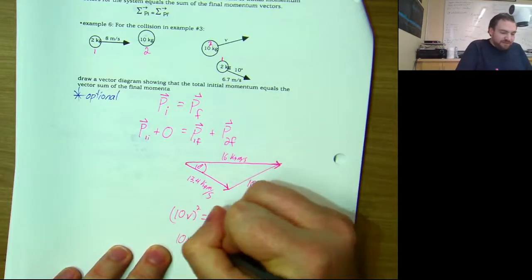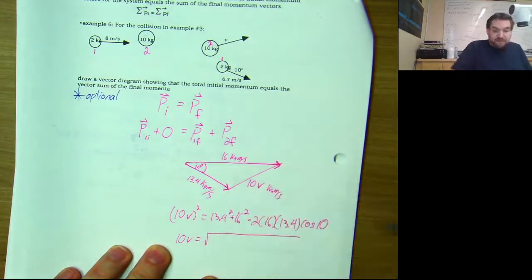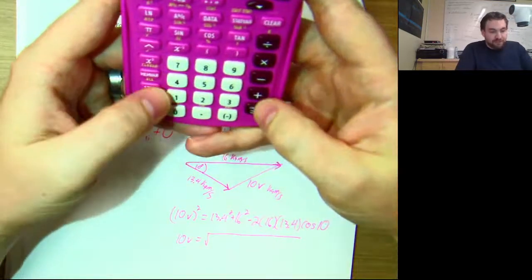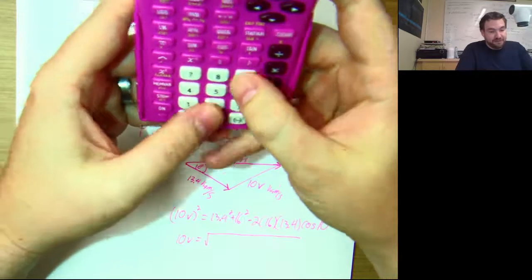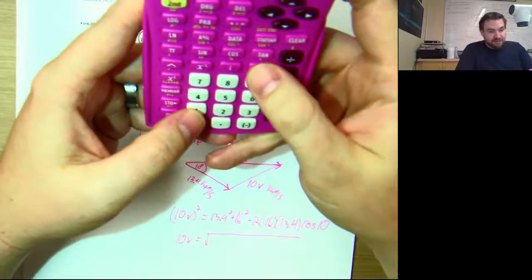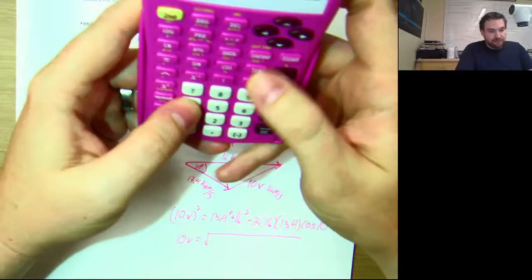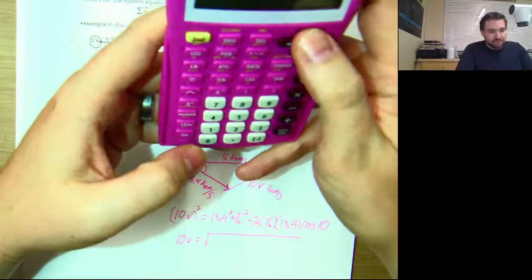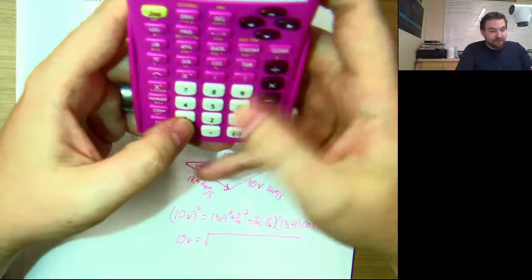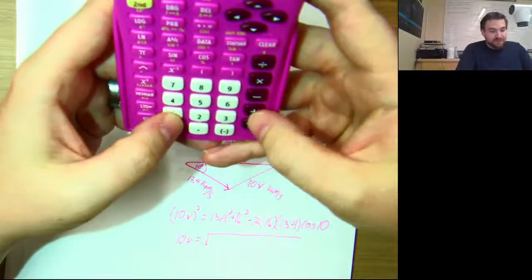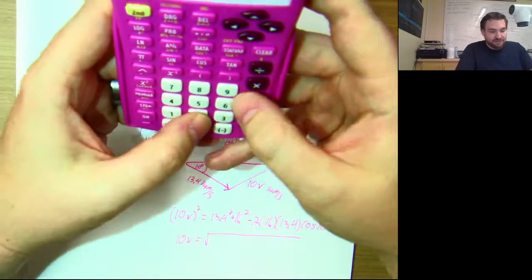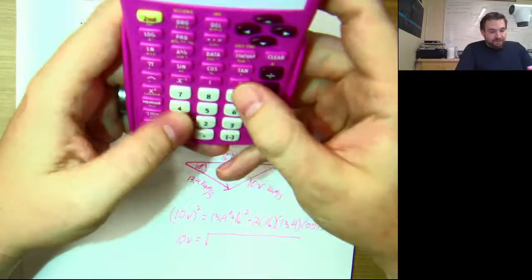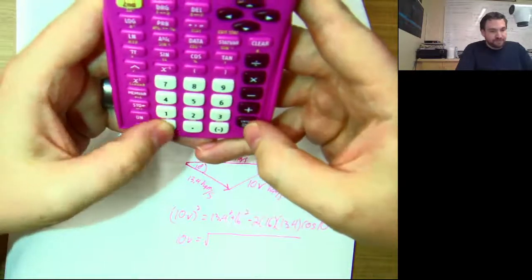So 10V is going to equal the square root of this mess. 13.4 squared plus 16 squared minus 2 times 16 times 13.4 cos 10. Oh, dang it, I lost everything. 13.4 squared plus 16 squared minus 2 times 16, 13.4 cos 10.